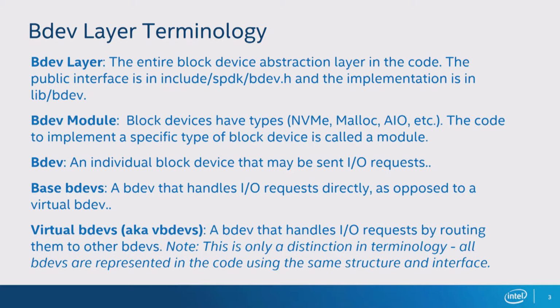If you hear somebody just say bdev, it's all very similar under the covers, the same structure. It's really a matter of how you think about it and how they're used. But a base bdev, the easiest way to think about it is that it's at the bottom of the stack. Think about NVMe Express. The NVMe Express base bdev talks to queue pairs, right? Whereas a virtual bdev talks to other bdevs, right? That's how we create the IO pipeline.